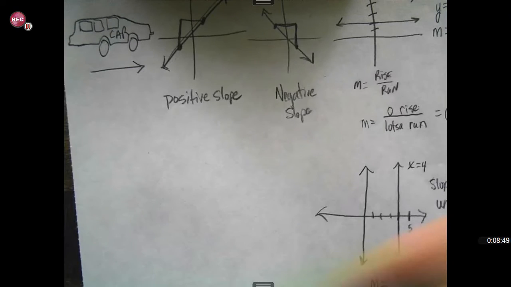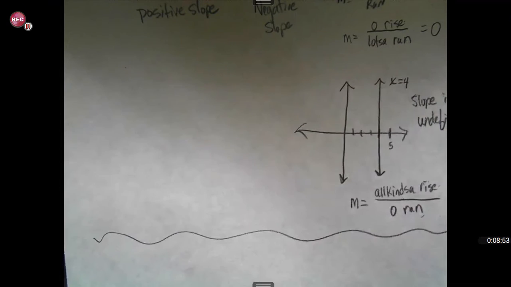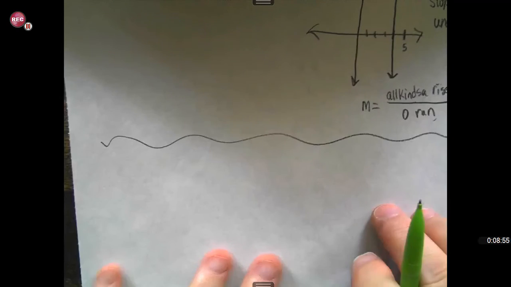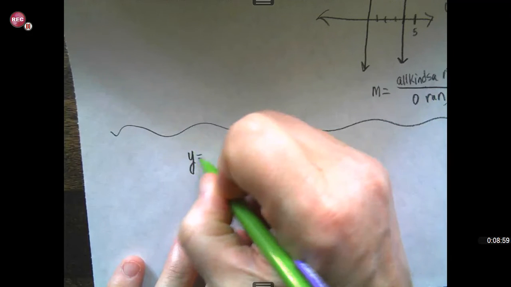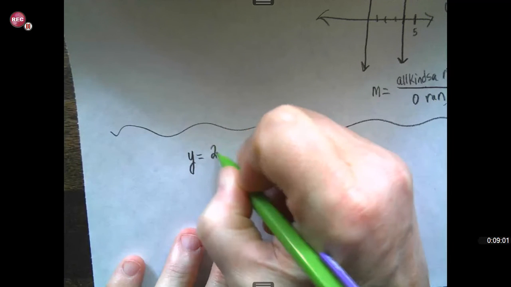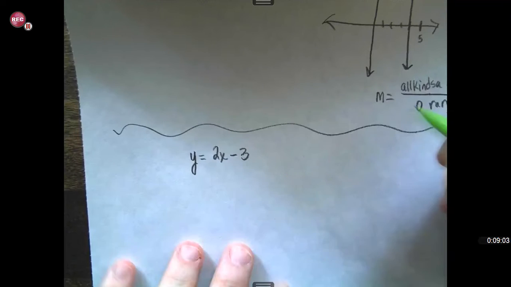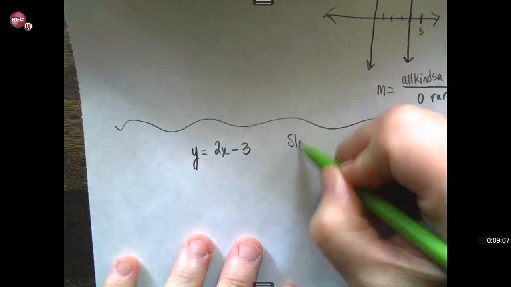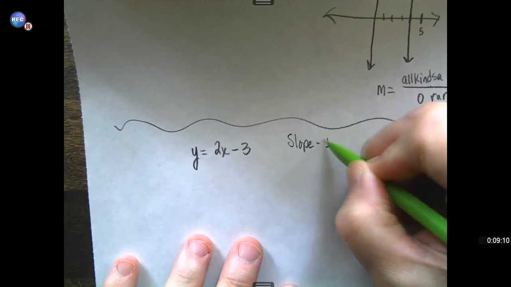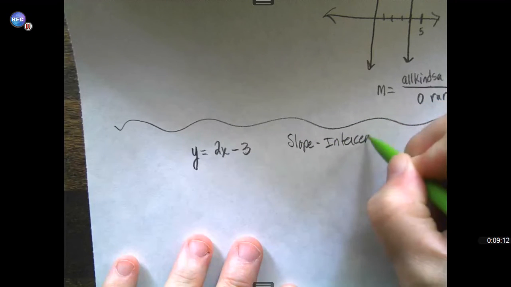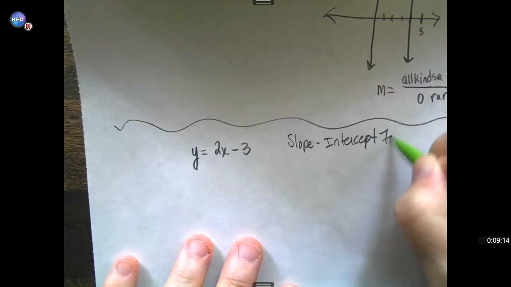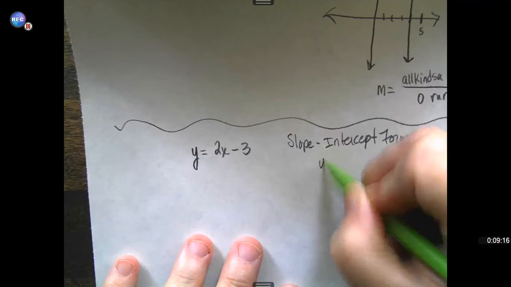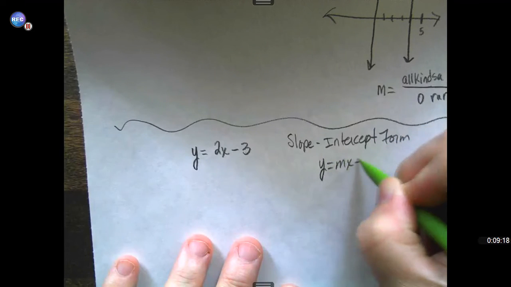So when we graph these lines, say we have a line y equals 2x minus 3. This is slope-intercept form, which is y equals mx plus b.